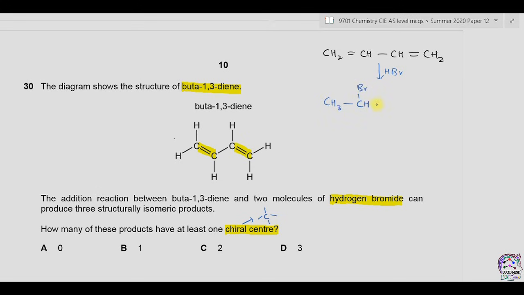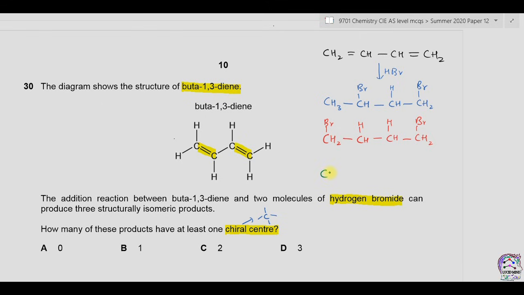CHBr, CH, CH2Br. Or we can also have CH2Br, CH2, CH2, CH2Br.